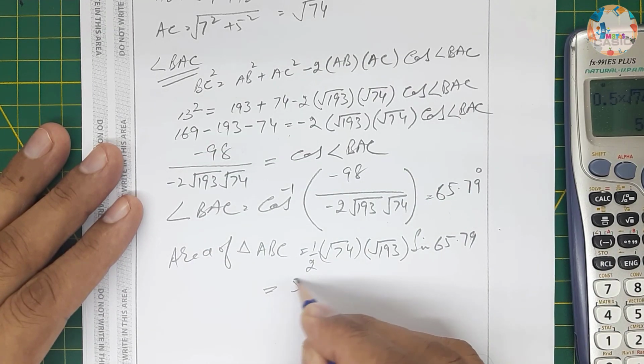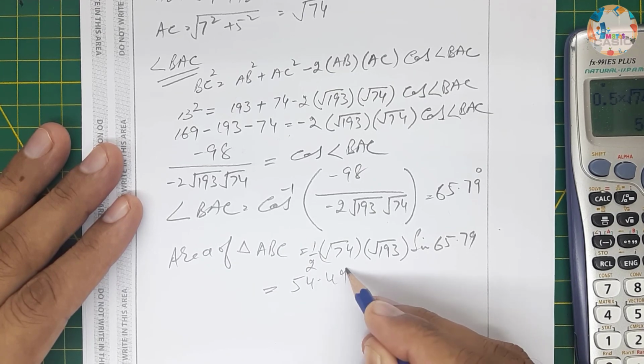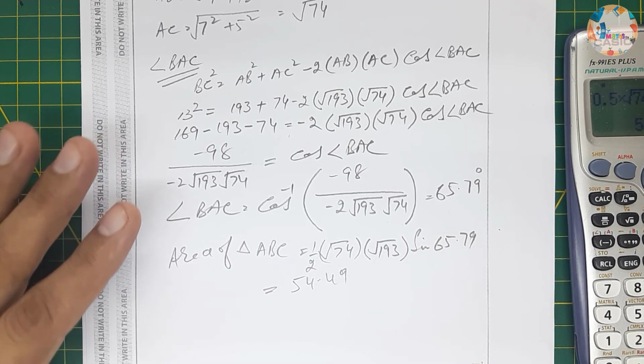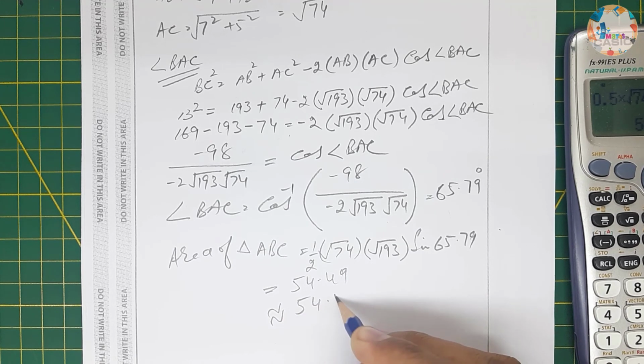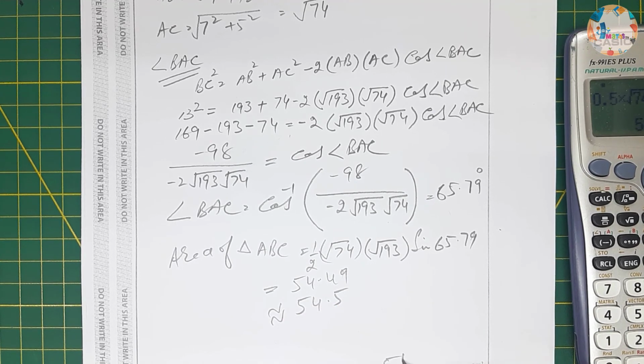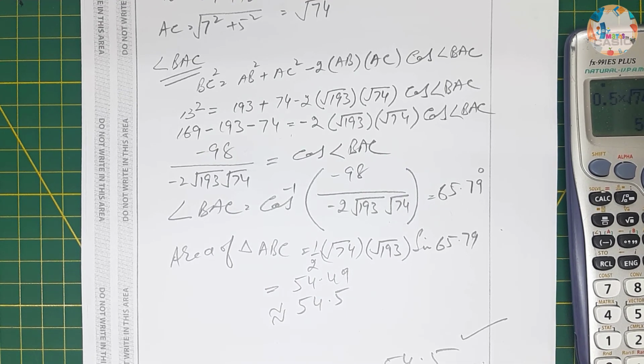So area will be 54.49. This will be the area which we have to provide in three significant figures. So we'll write it approximately 54.5, and 54.5 centimeters square will be our final answer.